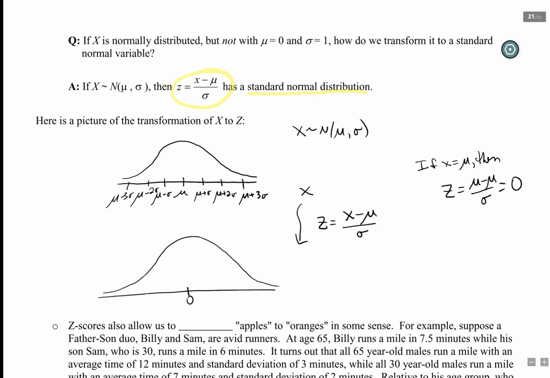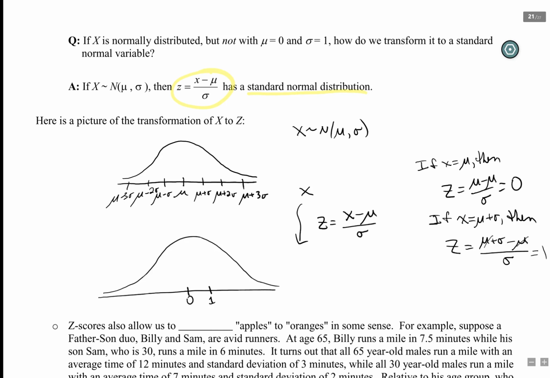If you plug in mu plus sigma, what is the z value for that? I plug in mu plus sigma for x here, and I get mu plus sigma minus mu over sigma. The mu's cancel out, then I've got sigma over sigma, and that is just 1. So mu plus sigma is mapped to 1.